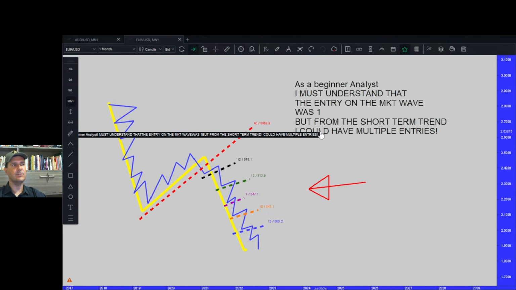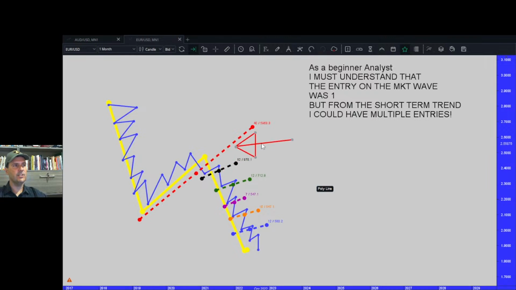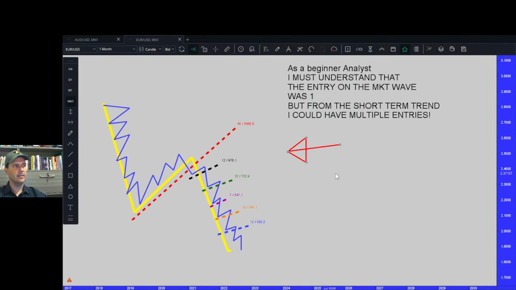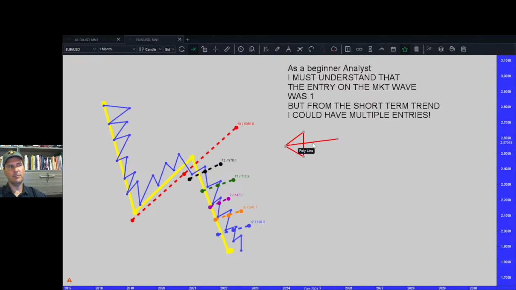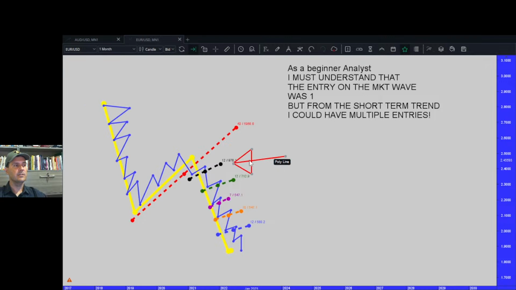Give me a second. Yelling already. Calm down. All right. So this is the entry, but from the shortened trend, I could have multiple entries. Everybody, I've been teaching this actively for the last 5 years, 6 years. I don't know a better way how to explain it.